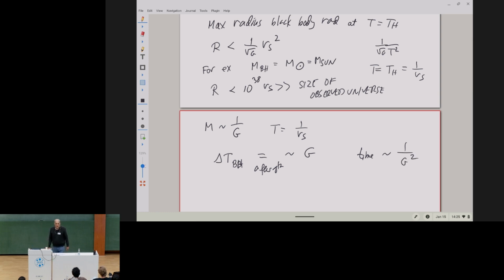And again, a time of order 1 over G squared for an astrophysical black hole will turn out to be a ridiculously long time.